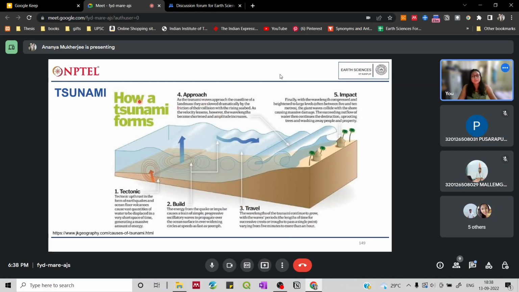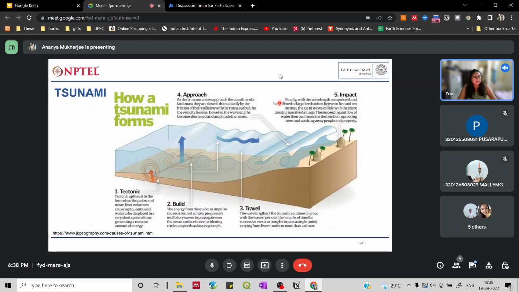The tsunami is approaching the coastline, and the seabed is shallowing up, so the waves are going to collide with the seabed present next to the shore.